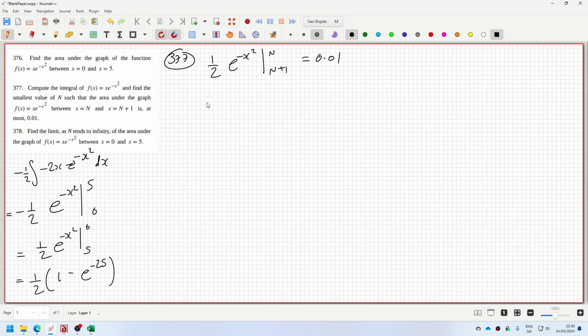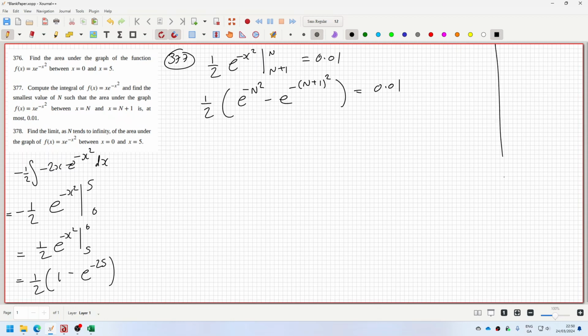Okay, so that's a half e to the power of minus n squared minus e to the power of minus n plus 1 squared equals 0.01.